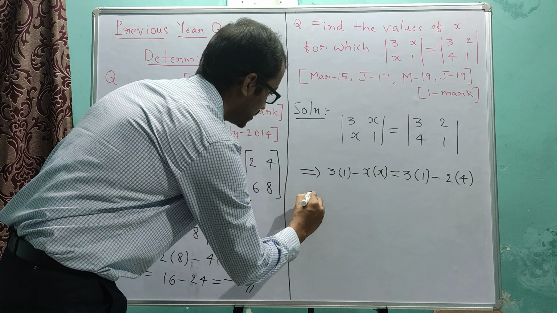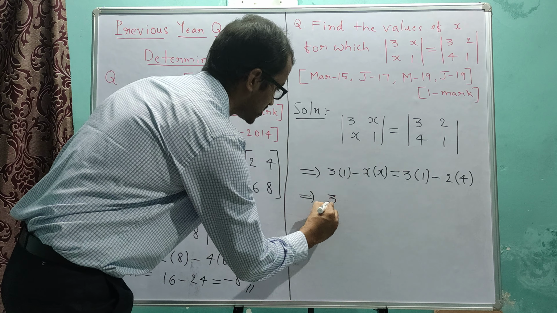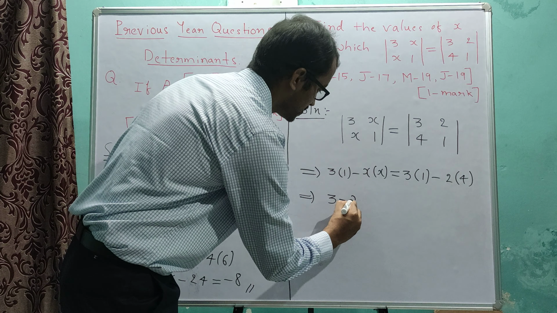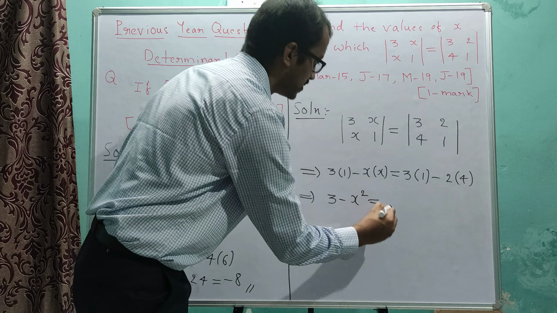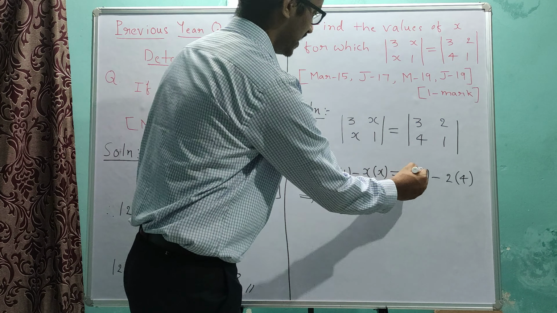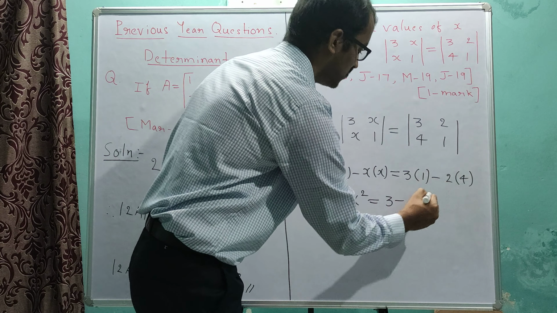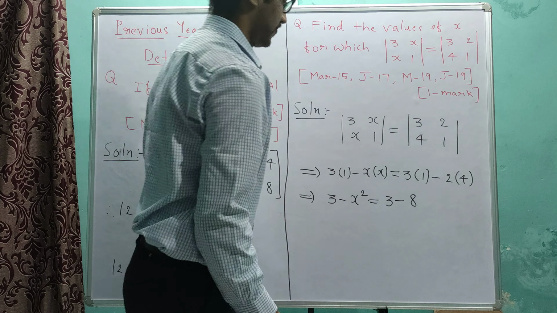On simplifying, 3 into 1 becomes 3, minus x into x becomes x square, is equal to 3 into 1 becomes 3, minus 2 into 4 becomes 8.